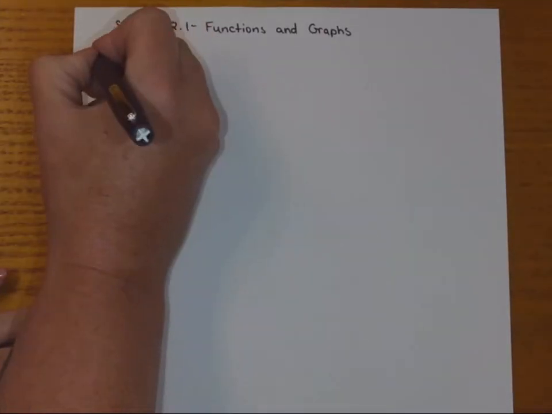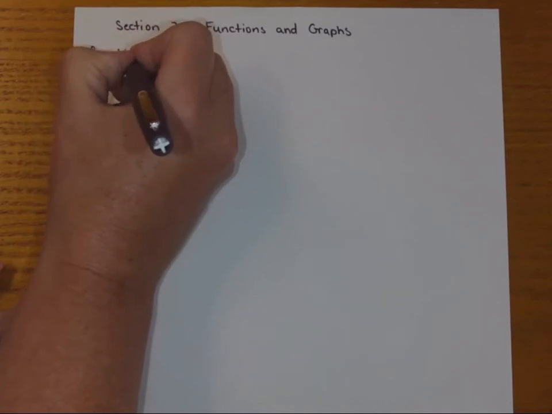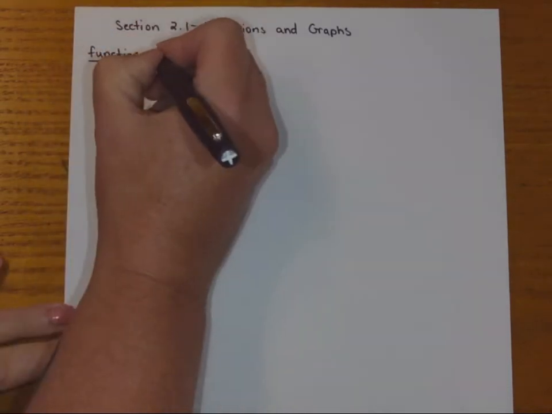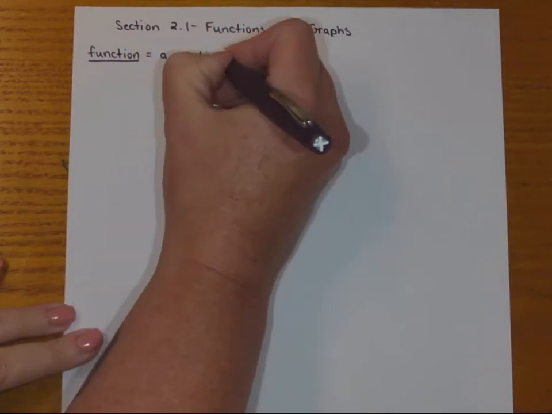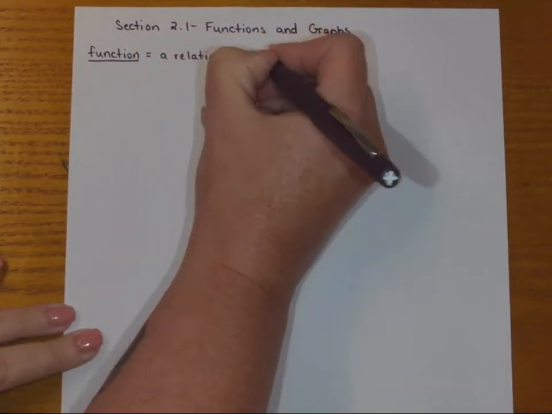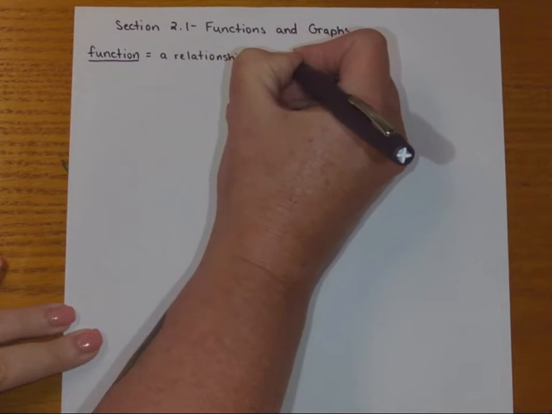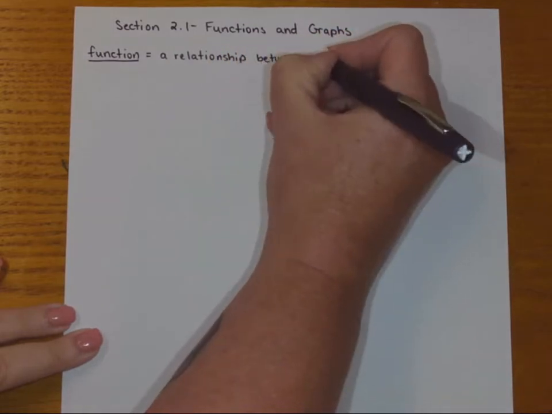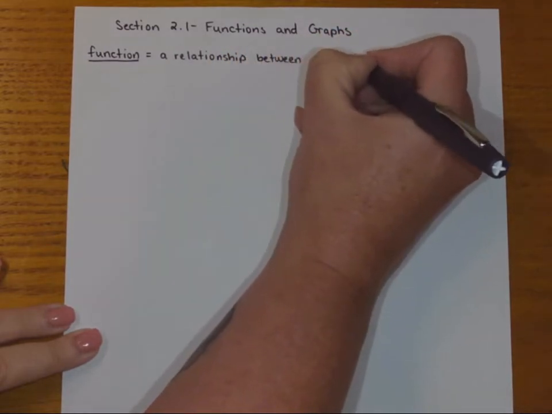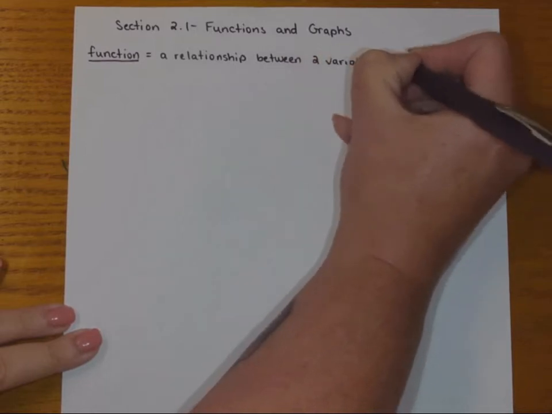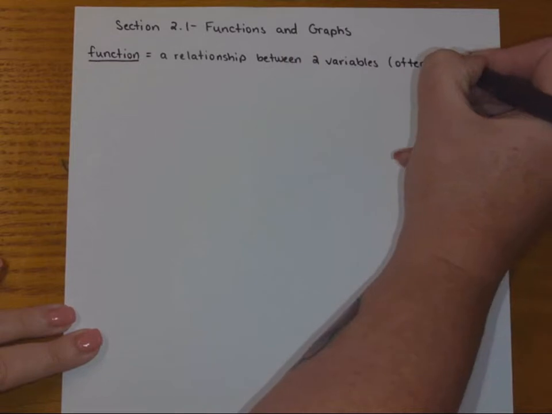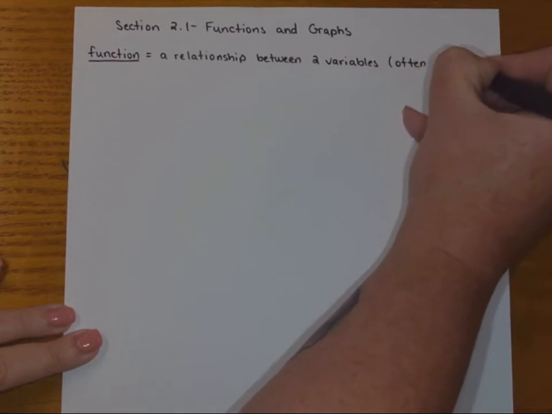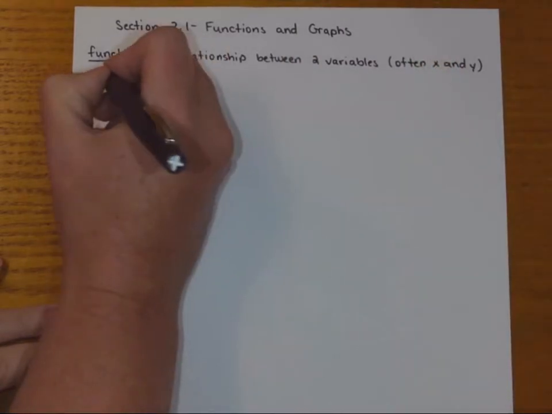So first let's define what a function is. A function is just simply a relationship between two variables. A lot of times that's going to be x and y, but especially in this business math class, we may be using different variables. But there will be one independent variable, often called the x, and then one dependent variable, often called the y.